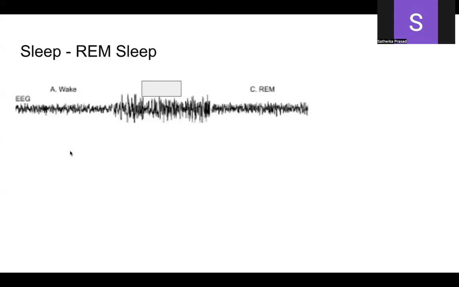So as I talked about, REM stands for rapid eye movement. Okay. Rapid eye movement talks about this hallmark sign of people in REM sleep, which is where their eyes rapidly go back and forth, back and forth.